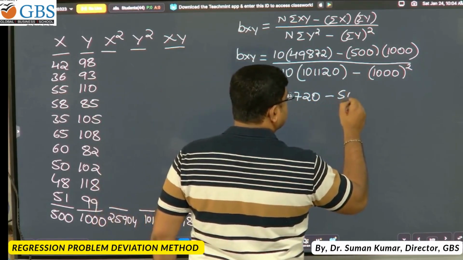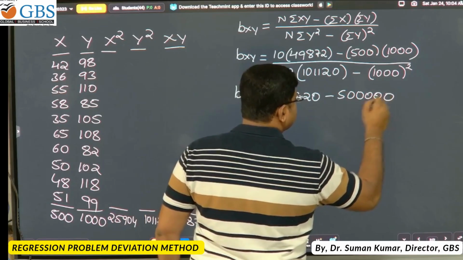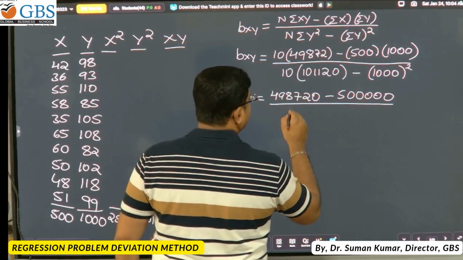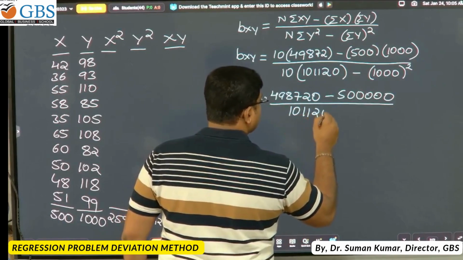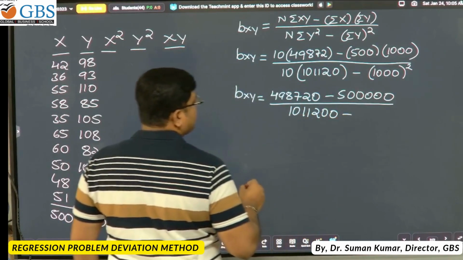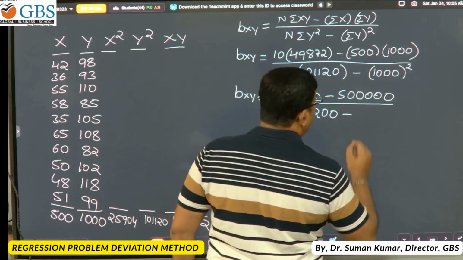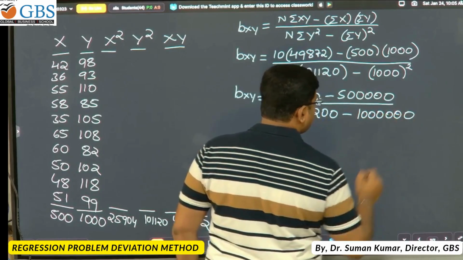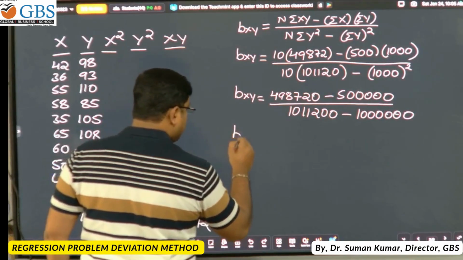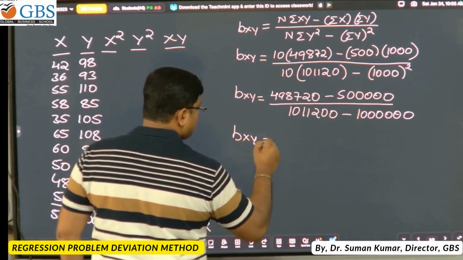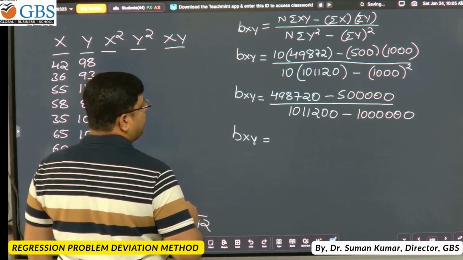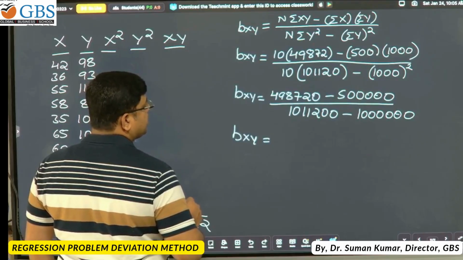This is 5 lakhs divided by 1000 square. Okay, step by step. Minus of 4,98,720 minus 5,000.